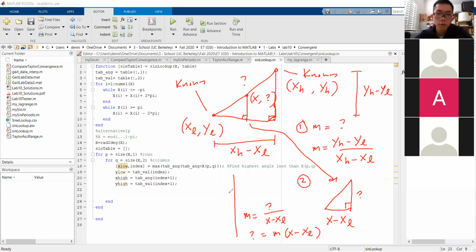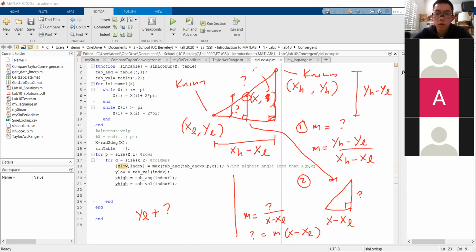Putting all that together, if we want to find the y value here, all we need to say is, okay, I know that it's going to be y low plus question mark. Remember, this over here is question mark. I should say this isn't question mark.